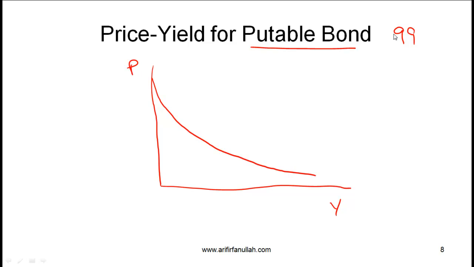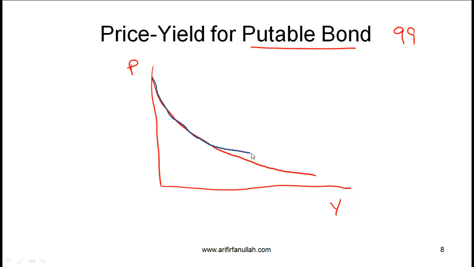So clearly you can see that the interest rate risk is lower for a putable bond relative to an option free bond. However, at very low interest rates, it is unlikely that the put option is worth anything. So as I just said, when interest rates are low, a putable bond will move along with the option free bond.